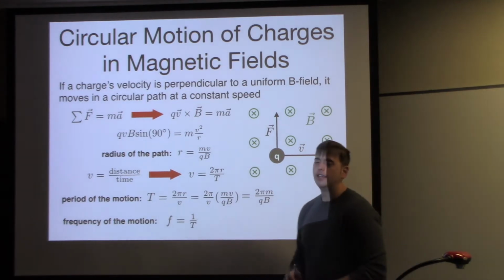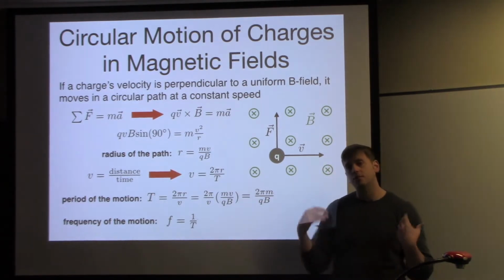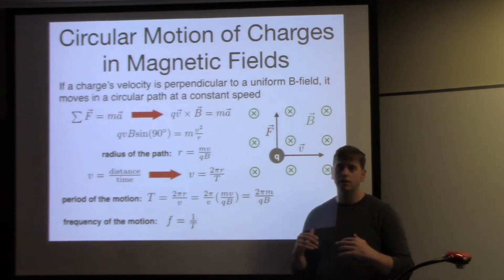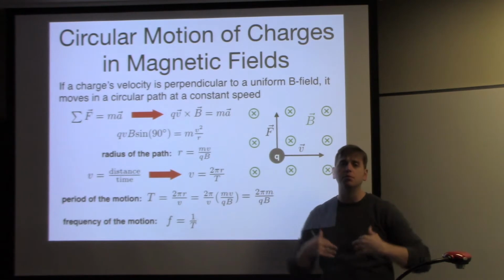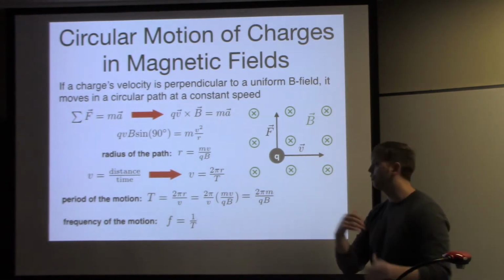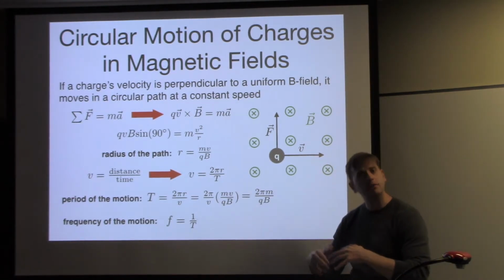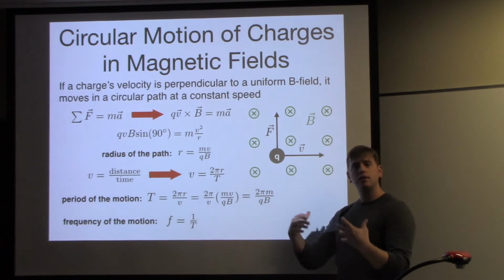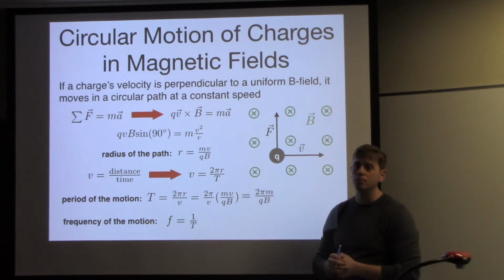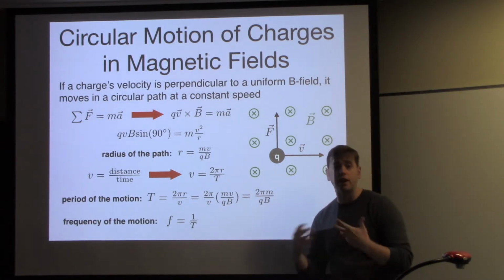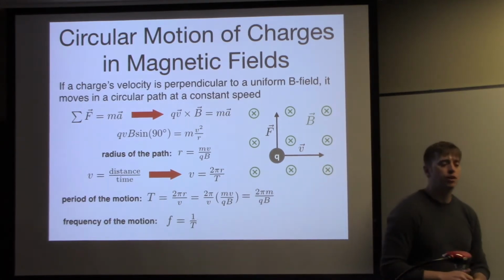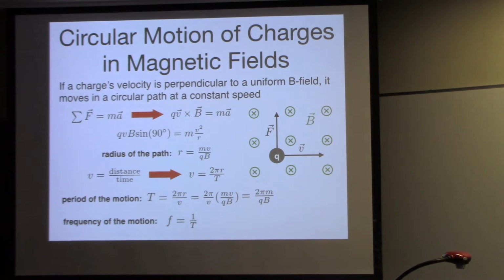Well, if a period is the amount of time to complete a circle, then the inverse of that would be how many full circles you complete per unit time. So for instance, a frequency could be like 45 revolutions per minute, RPM, or 78 revolutions per second. That's what we're talking about when it comes to frequency. That's the inverse of the period.